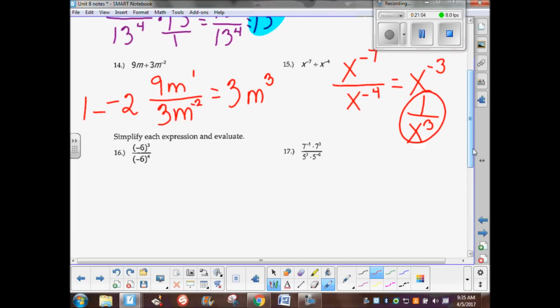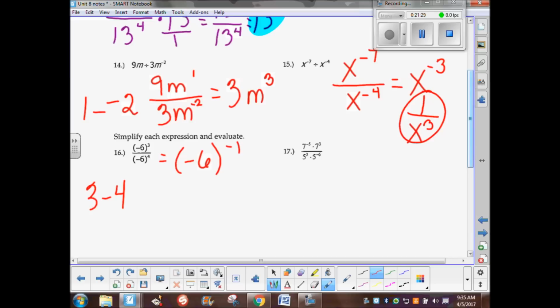All right, next one. How about this one? What's my base? Parentheses negative 6. So I know that. Dividing. What do I do with exponents? Subtract. What is 3 minus 4?